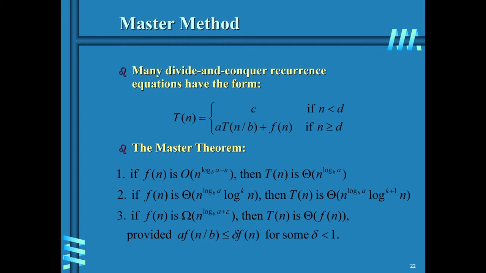And there is another method that can be easily used. Many divide and conquer recurrence equations can be represented as T(n) equal to C if n is smaller than d, or if n is larger than or equal to d, T(n) equal to a T(n/b) plus f(n). It corresponds to a bigger problem cast into smaller problems, each with size n divided by b.